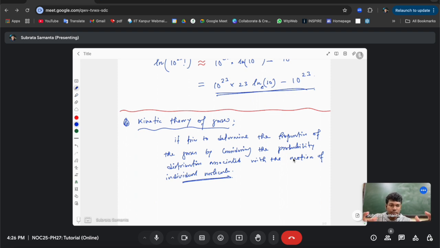Consider a box that contains n particles, n molecules. This is basically a gas chamber that contains n molecules, and I want to determine the properties of the gases by determining the probability distributions for every molecule.